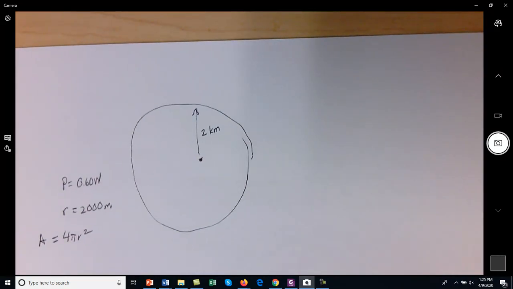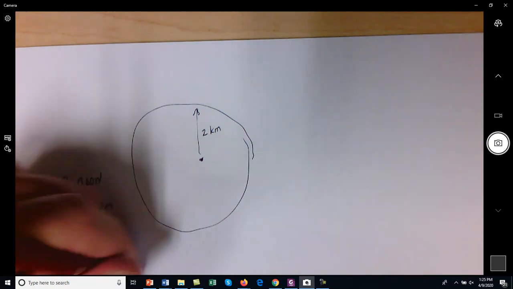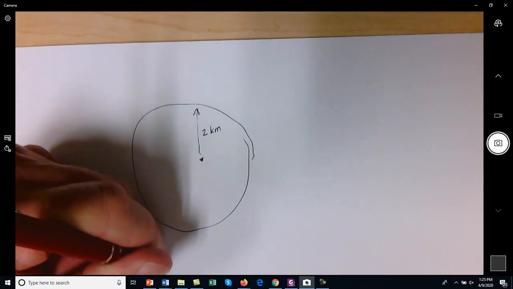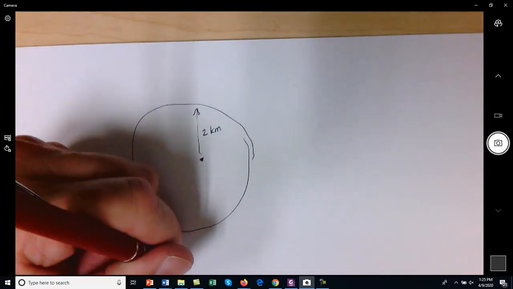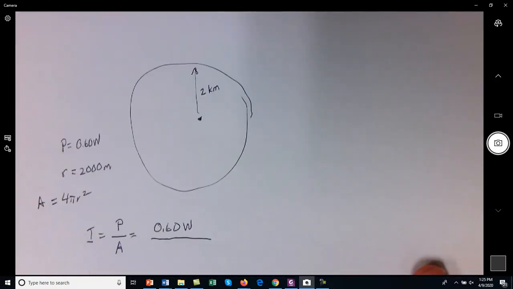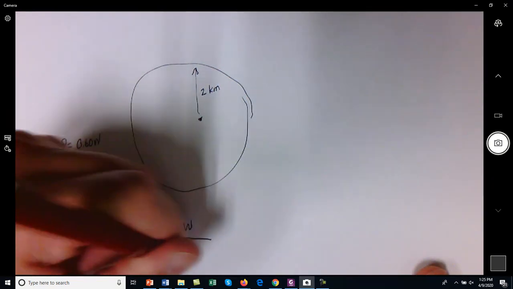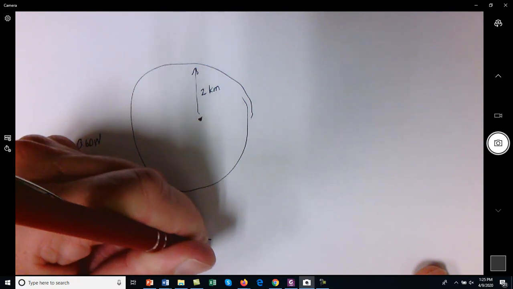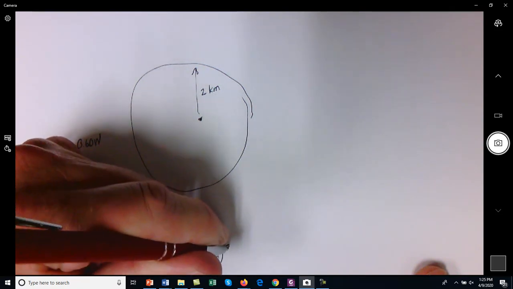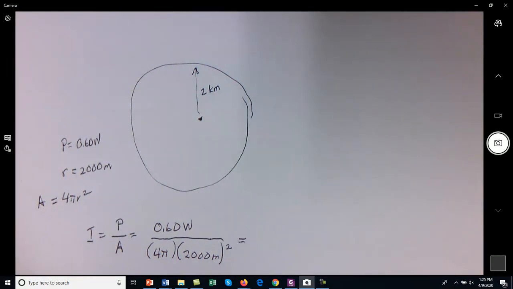Okay, so to find intensity, that would just be power divided by area. So that's going to be 0.60 watts divided by 4 pi times our radius, which is 2,000 meters, quantity squared. And then that gives our intensity.